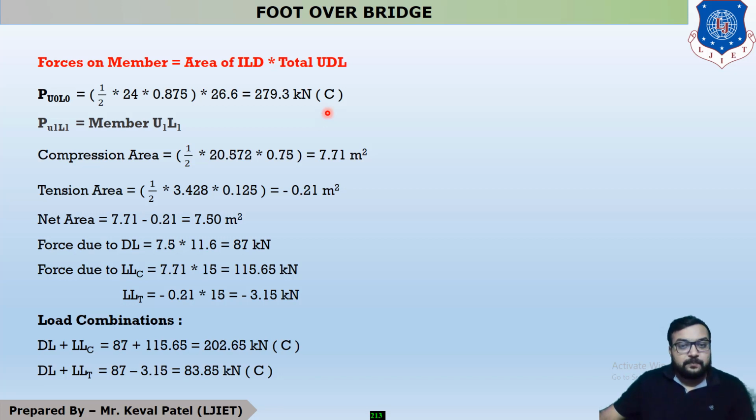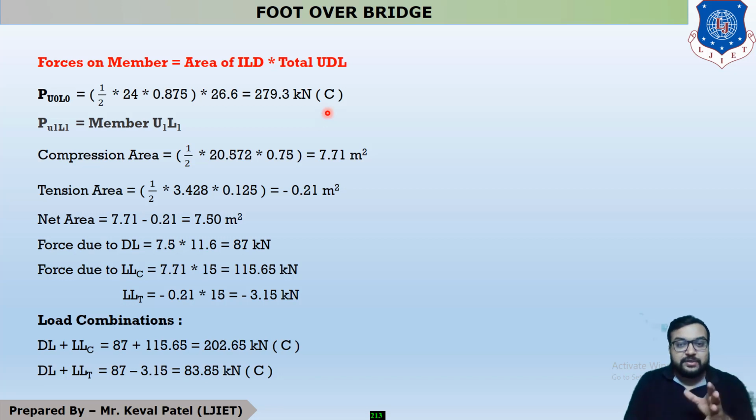Okay, so for compression, you all are aware of how to design a compression member, because it is already discussed in our design of top chord, in which first of all you have to find out PD is equal to AE into FCD, and in that equation you have to use slenderness ratio by assuming 100.